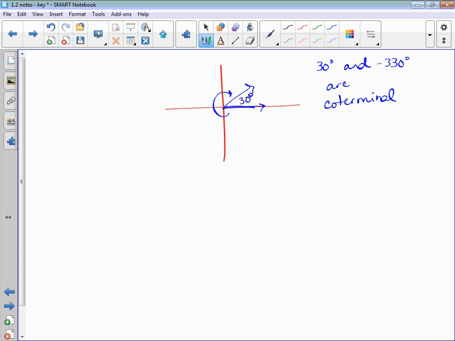How do you think I find them? Like if I know 30 degrees, how do you get the negative 330? Subtract 360? Yeah. So 30 minus 360 will give you the negative 330. And guys, the other thing you could do, I'm going to give you another one. 30 degrees and 390 degrees are coterminal.